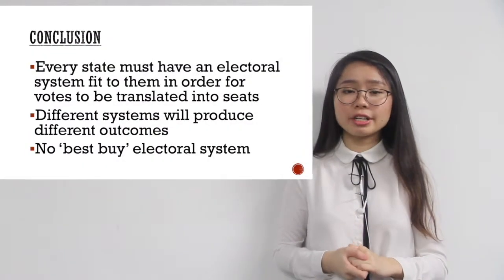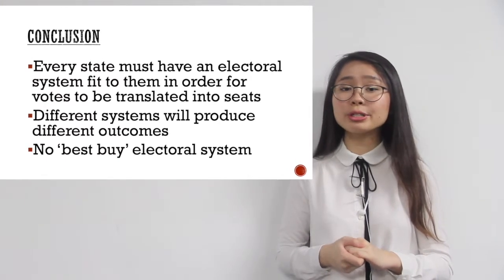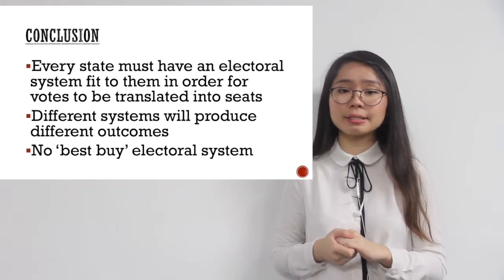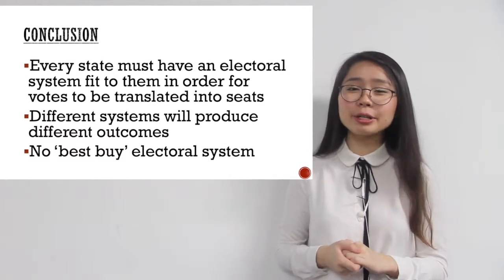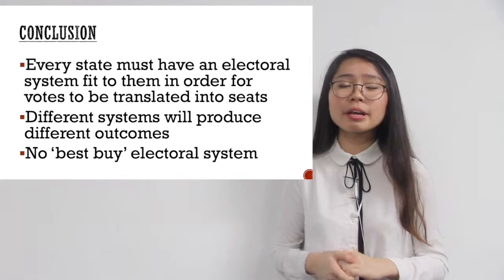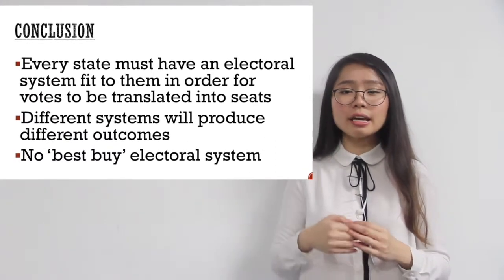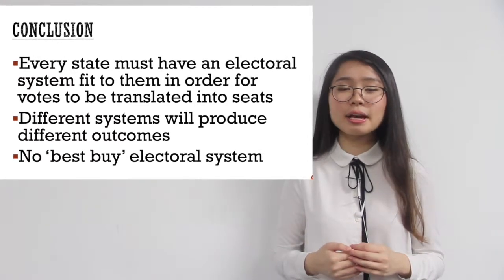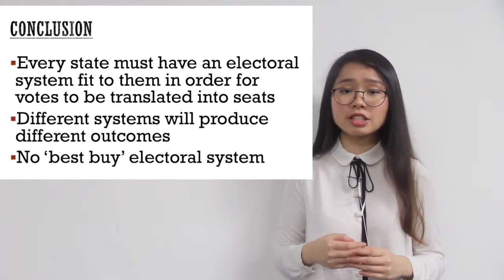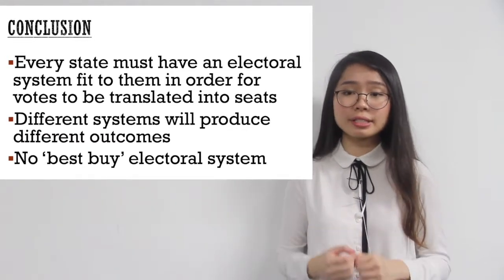This proliferation of different proportional electoral systems shows that there is no best buy electoral system, but that it has to be tailored to fit the type of body which is being elected, its purpose and functions, and the political context in which the elections take place. The concept of citizenship and participation depend on an effective electoral system.